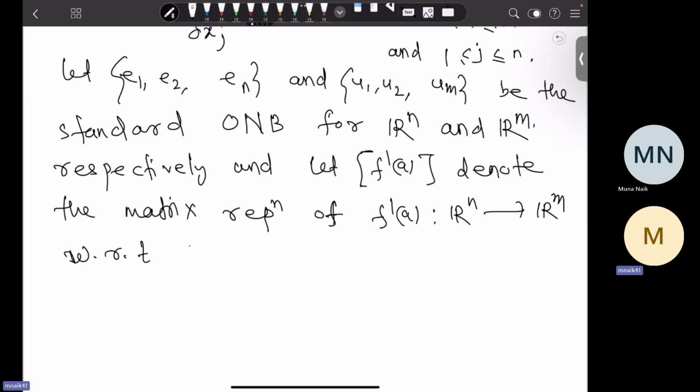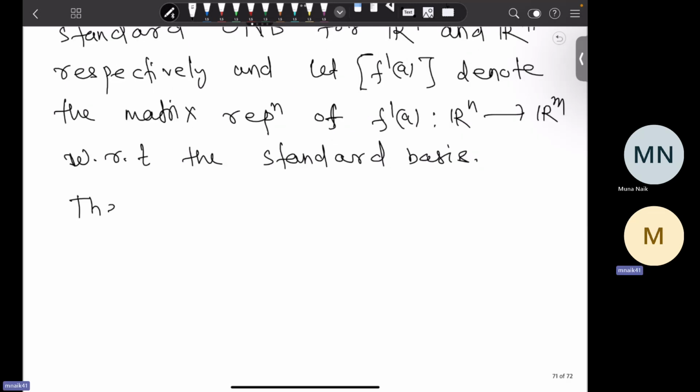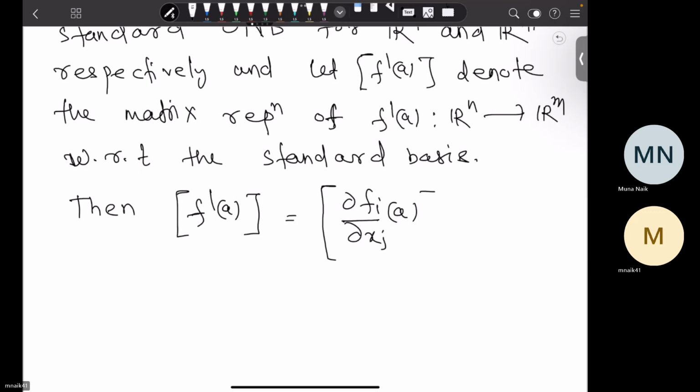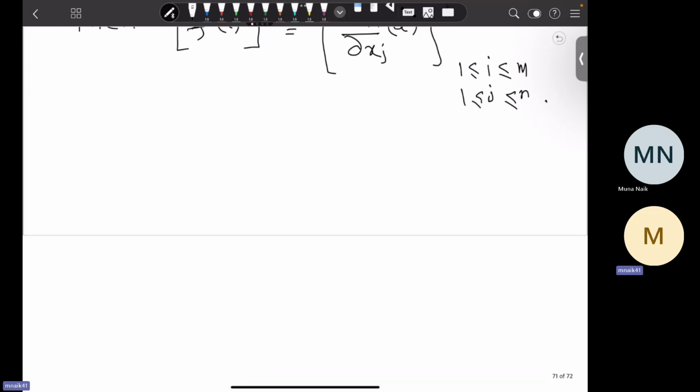Then F prime of A is nothing but del fi by del xj at A, for 1 less than or equal to i less than or equal to m, 1 less than or equal to j less than or equal to n.